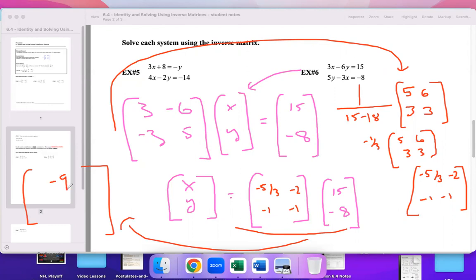And the other one's going to be negative 7. Is that right? Yeah. Cool, that's it. So x equals negative 9, y equals negative 7.